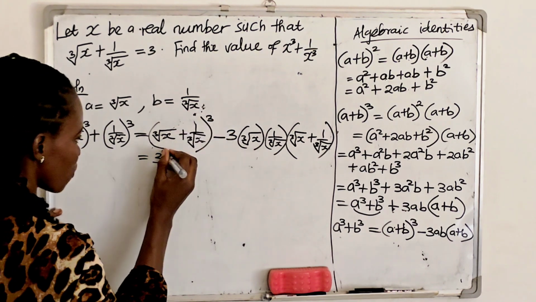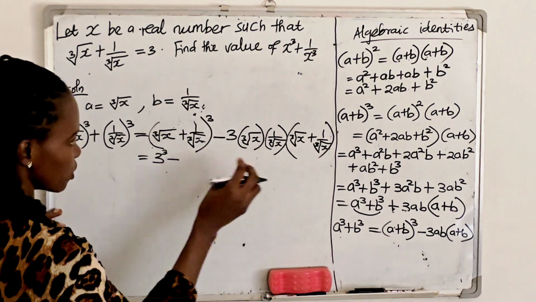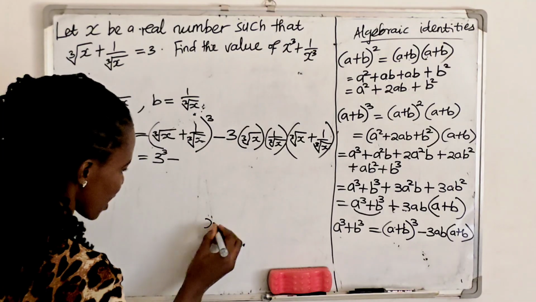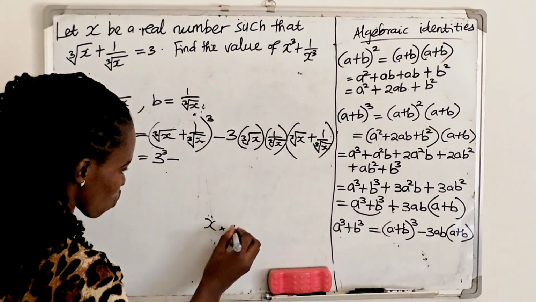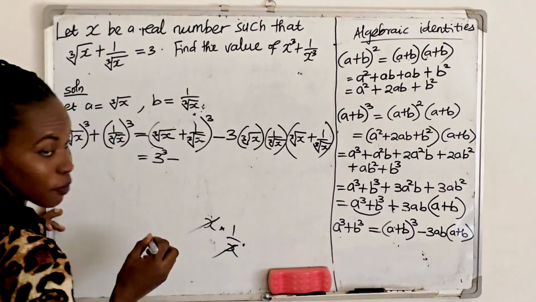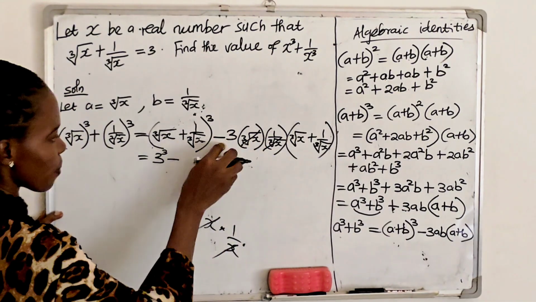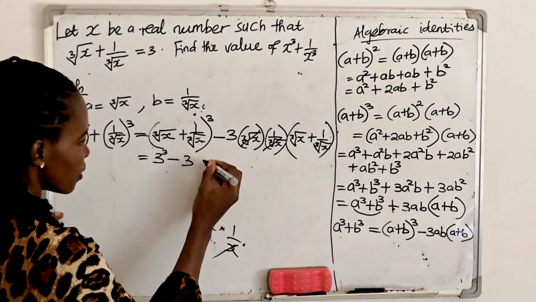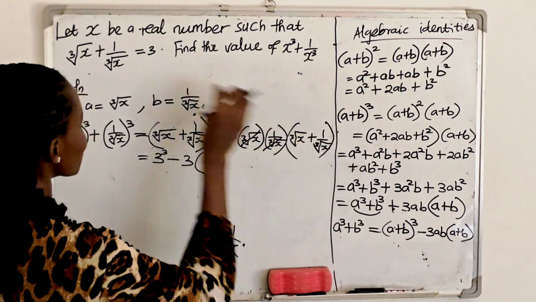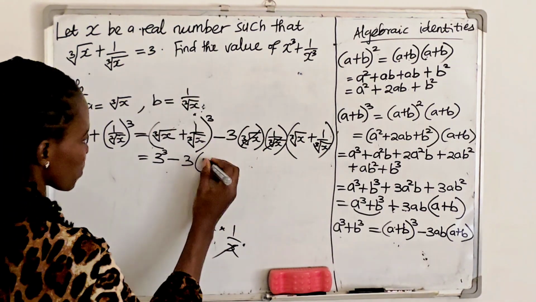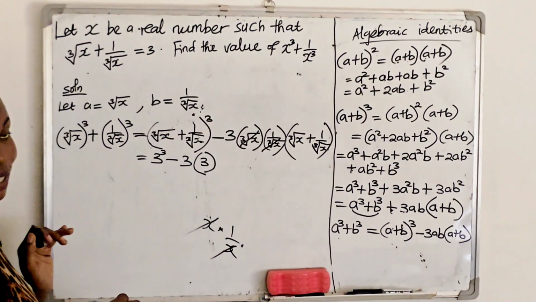Then raised to the power of 3 minus, if you have x times 1 over x, this x can knock off this, right? So I'm left with minus 3, then bracket, the whole of this is the same thing as this, which is equal to 3. Is that understood?